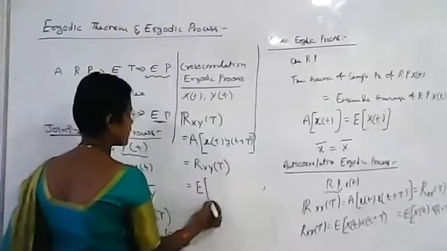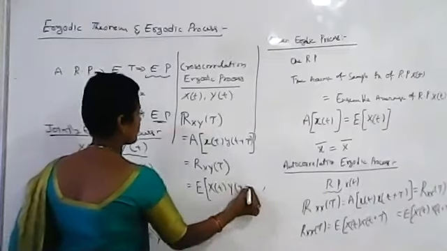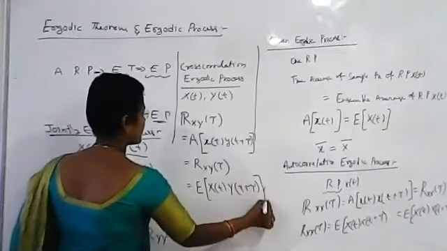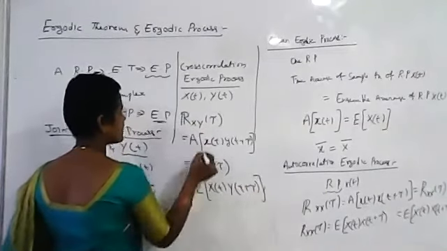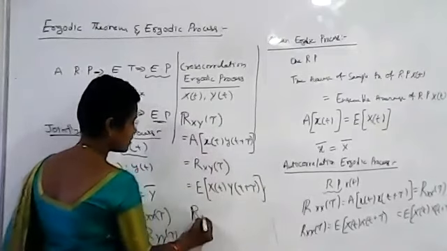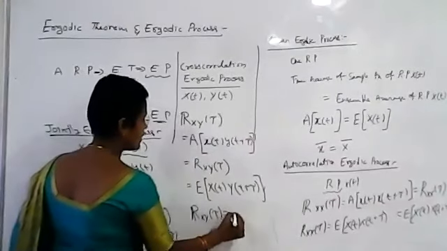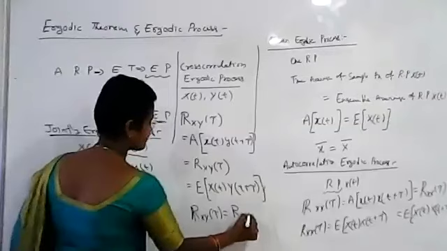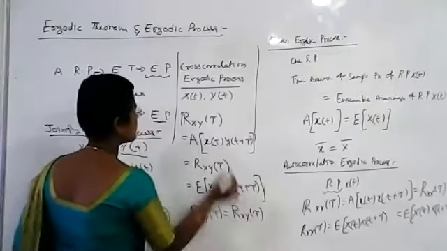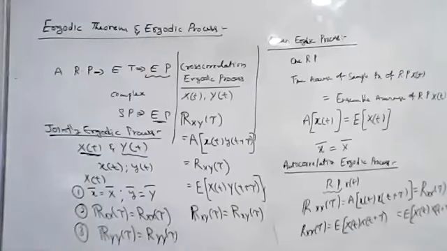It is the expected value of capital X of t, capital Y of t plus tau. So if you take any random processes which satisfy this condition, that is, the time cross correlation function is equal to the ensemble cross correlation function, then those two random processes are said to be a cross correlation ergodic process, or ergodic in cross correlation.